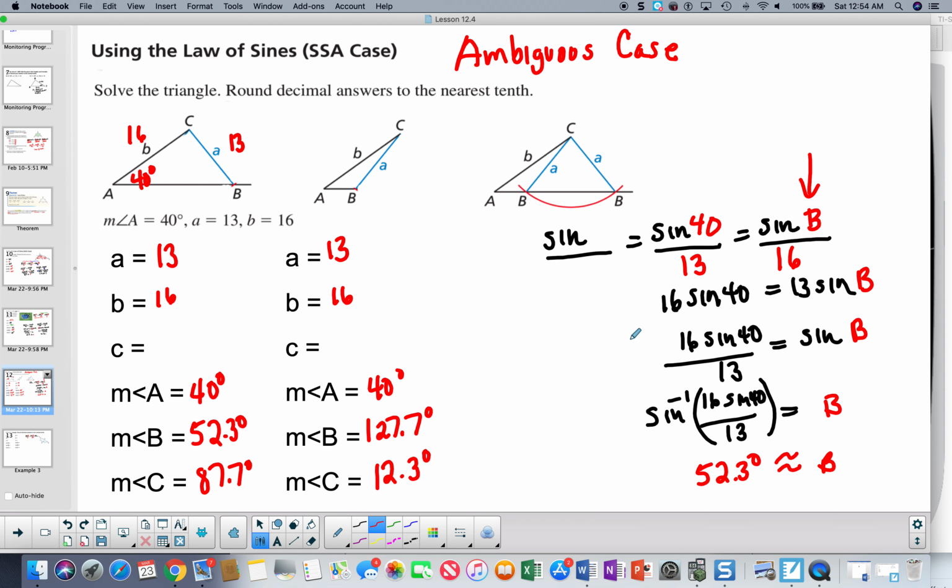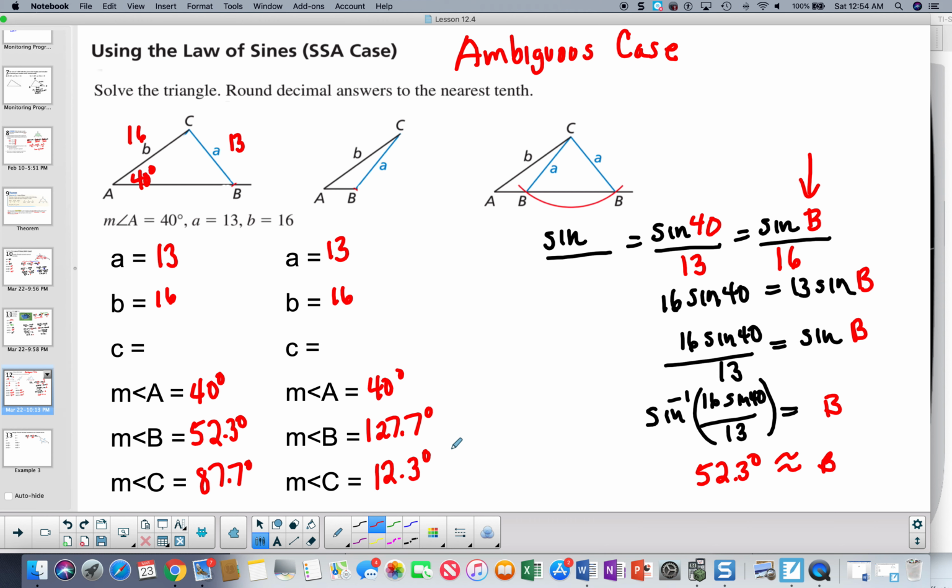Okay, so let's go ahead, and now we can solve for C in this situation. This is the situation where the triangle looks like this, where it's 13, 16, and 40.